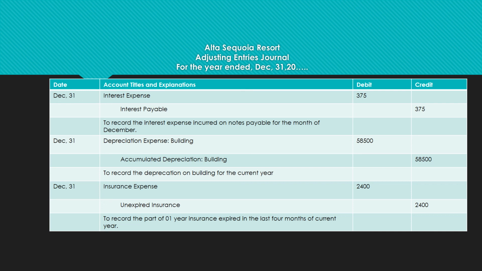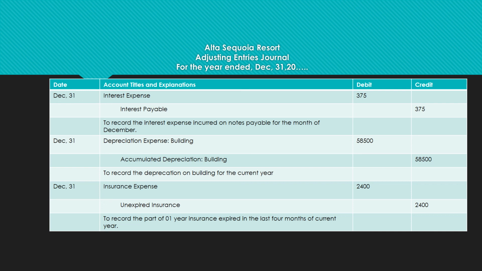So 4-month expired policy cost will be 600 multiply 4, it will be 2,400. So out of total unexpired insurance of 7,200, insurance of 2,400 has been expired in the current accounting period up to December 31st. So we will show that insurance expense into books of accounts.